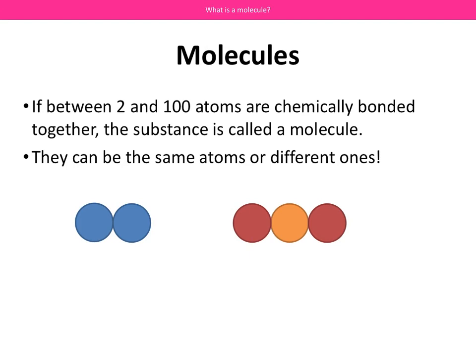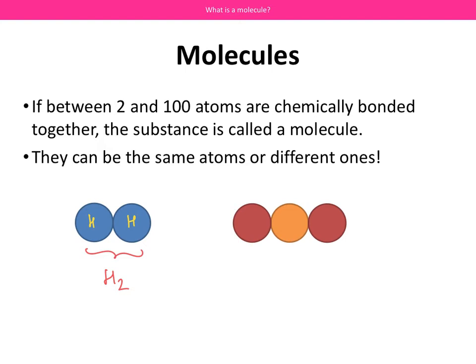So the first type of structure we're going to consider is molecules. If you have, and this is an approximate number, between 2 and 100 atoms chemically bonded together, then we call that substance a molecule. They can be either the same atoms or different ones. So for example, each one of those blue atoms could be hydrogen, and so the molecule we've actually got there is H2.